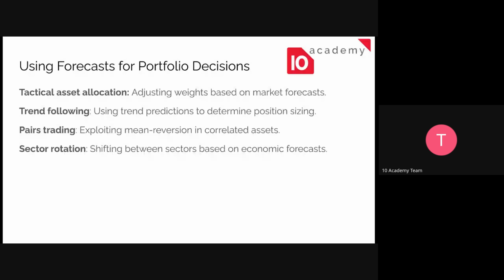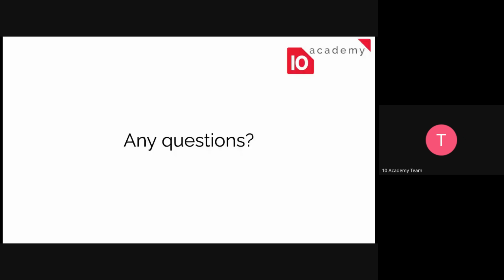Trend following: using the trend prediction to determine position size is also good. Pairs trading, exploiting mean reversion in correlated assets, and sector rotation, shifting between sectors based on the economic outlook. Yeah, so that's it from my side.